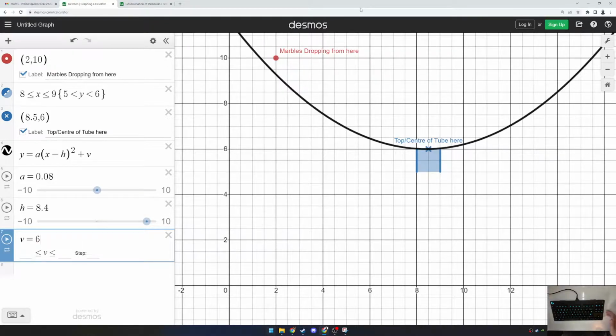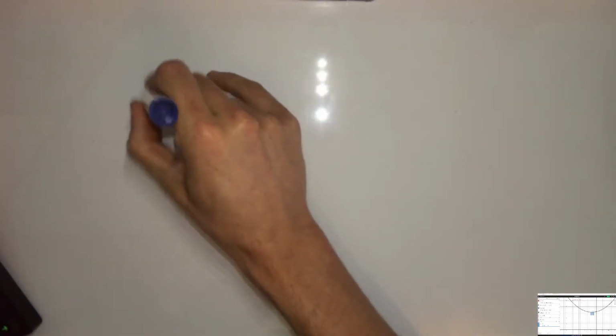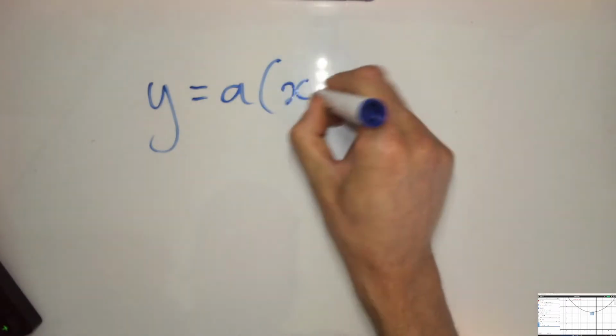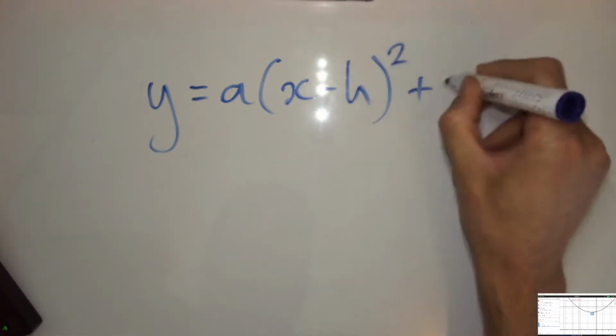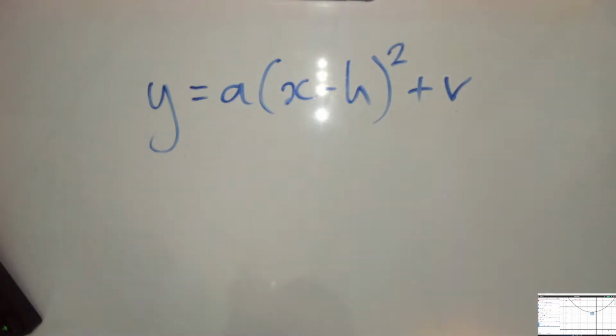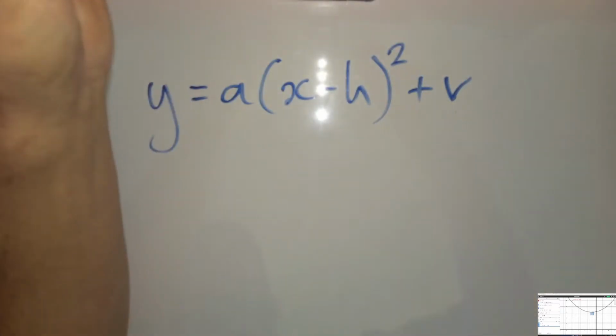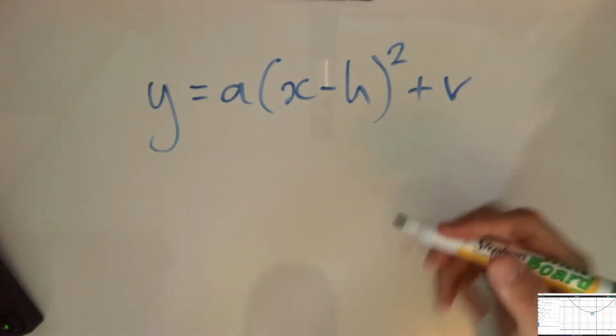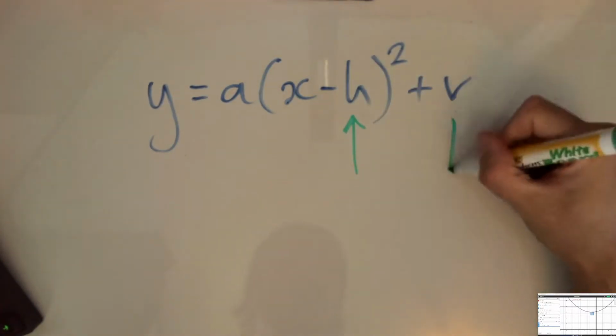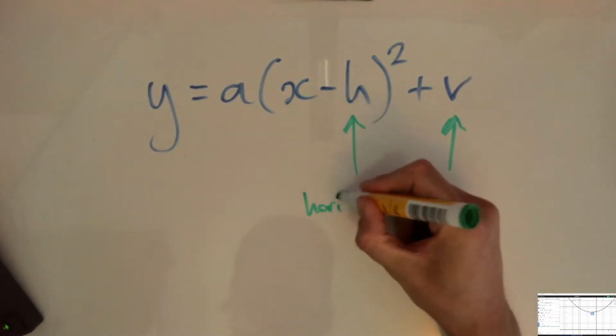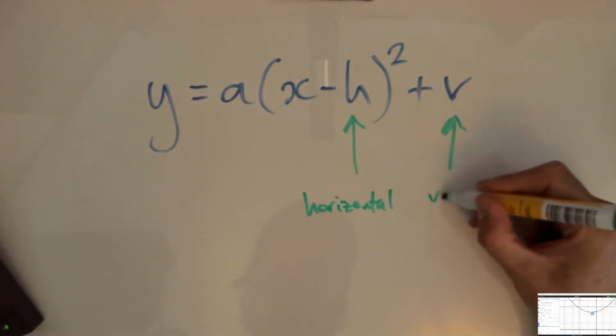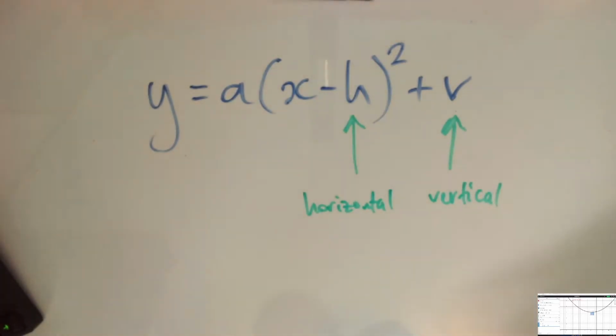So first I'm going to shift over to the whiteboard. What we could do here is say, well, I know some facts about parabolas. If it's y equals a(x minus h) squared plus v, then what I know is that h and v are the horizontal shift and vertical shift of a certain part of our parabola.